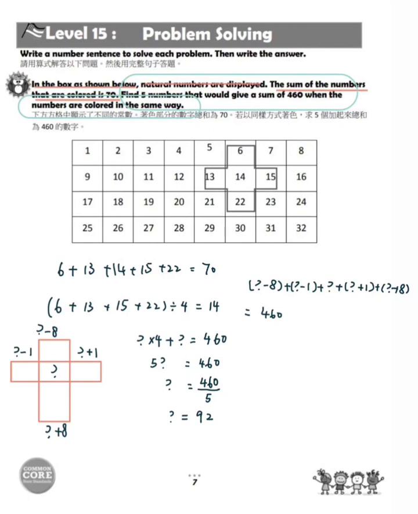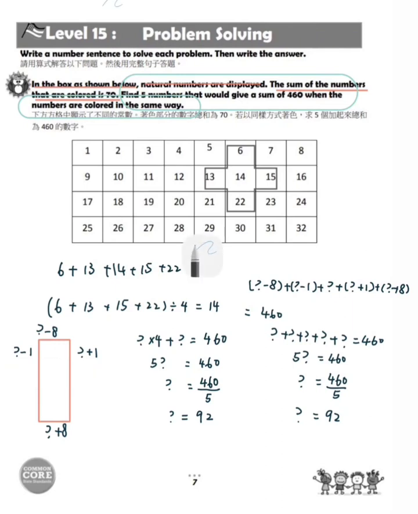Then, after we calculate, we will have the same thing. 5 question mark equal to 460. So the question mark will be equal to 460 divided by 5, and the question mark will be equal to 92. These two methods both give the answer that the question mark, the center, is 92.